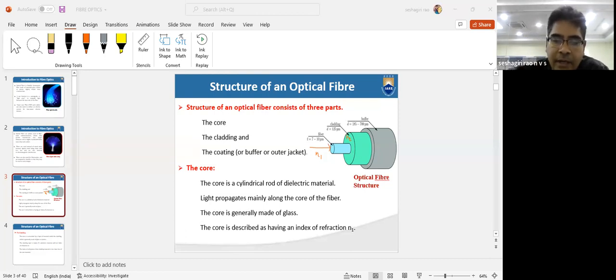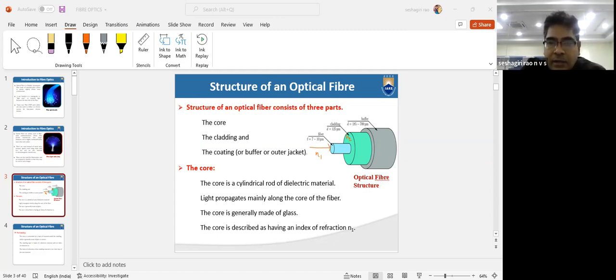The material used for making the outer jacket black is polyurethane. Polyurethane is the material used to make the outer jacket black.